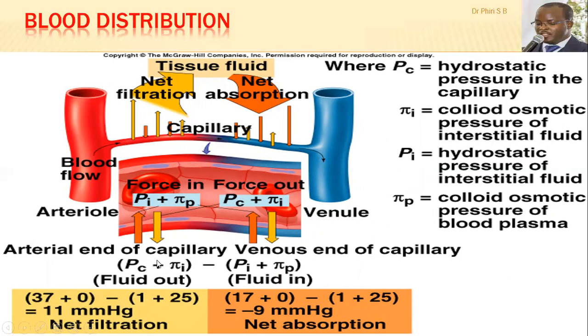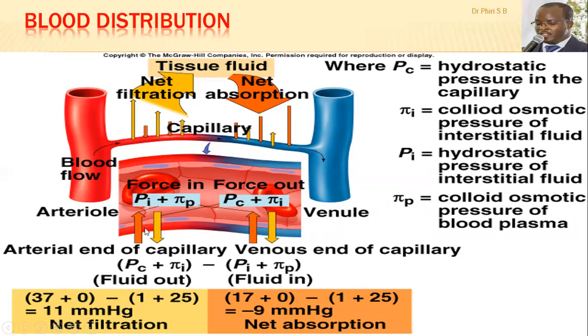The oncotic pressure within the interstitial fluid is almost zero because you don't have much protein within the interstitial fluid. So if you add 37 plus 0, minus the forces that are facilitating the movement of the fluids from the interstitial into the capillary on the arterial end of the capillary.